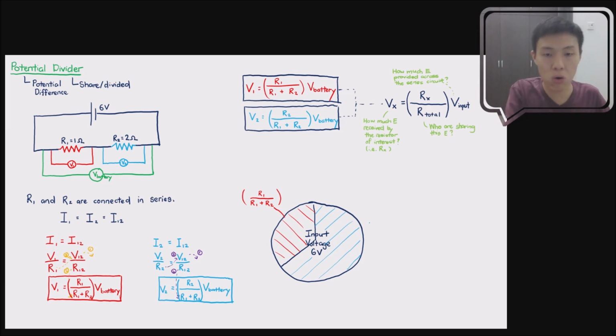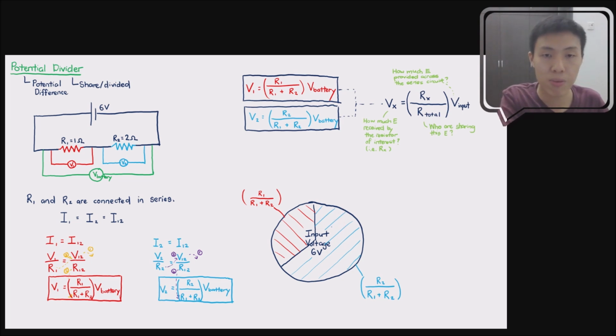Again, if we look at the whole cake, which represents the denominator, the whole cake will be R1 and R2 as the denominator, because the whole cake will be shared between R1 and R2, but the blue part is what we are interested in, so that's why up here our numerator will be R2. So this fraction represents this portion, and this fraction represents this portion.